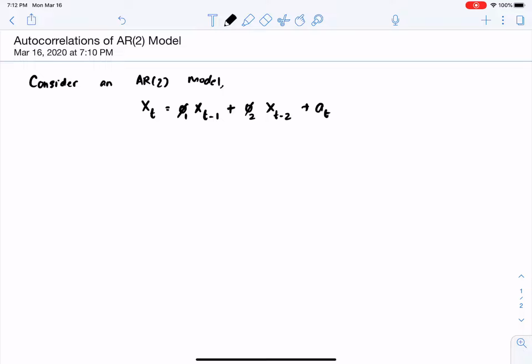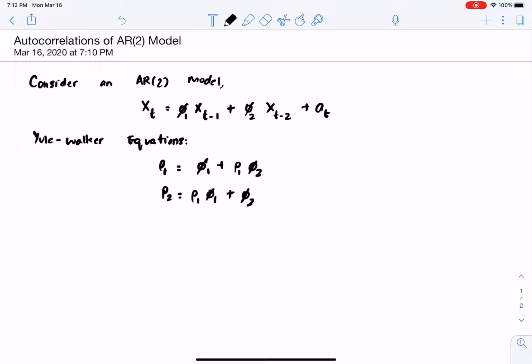And for an AR2 model, we have the Yule-Walker equations, which is ρ1 equals phi1 plus ρ1 phi2, and ρ2 is equal to ρ1 phi1 plus phi2.